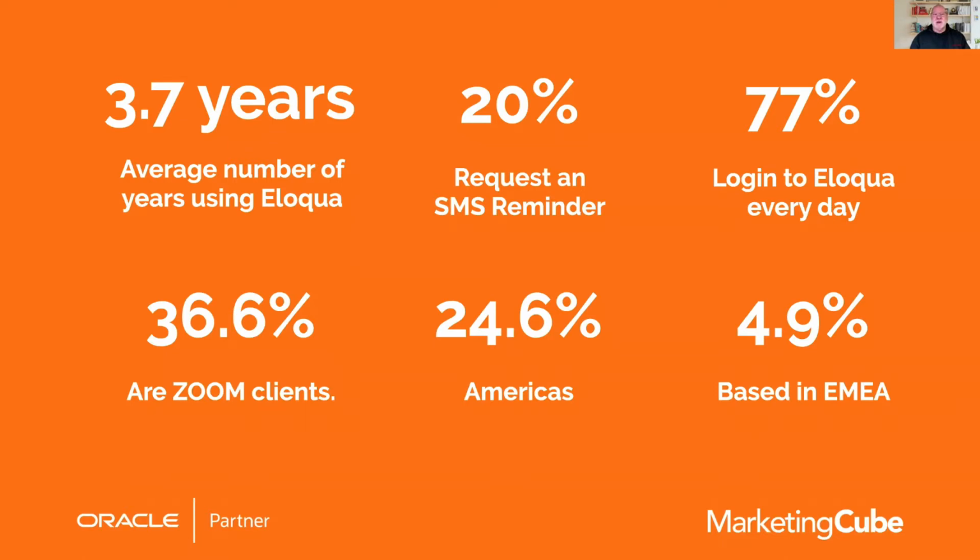Interestingly, the SMS reminder that you may or may not have noticed, some of you may have requested it, 20% of people this month requested an SMS reminder. That almost sounds a bit fudged, the old 80-20 rule, but I promise you it was right on 20% this month for some obscure reason. Then looking at people and their frequency of accessing Eloqua, we ask a range of questions and transpose that into other information. We arrive at 77% of people actually logging into Eloqua every day. That is people who have registered to attend this month.